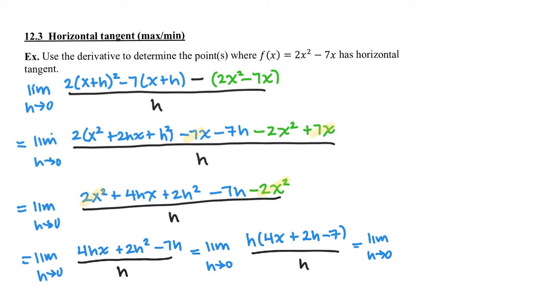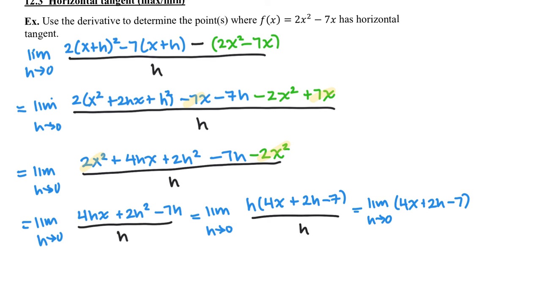And make sure you write the simplified expression because on the previous step I could not plug 0 in yet, but now I can plug in 0. So if I plug in 0, I'm going to get 4x minus 7, which means the derivative of f of x is 4x minus 7.